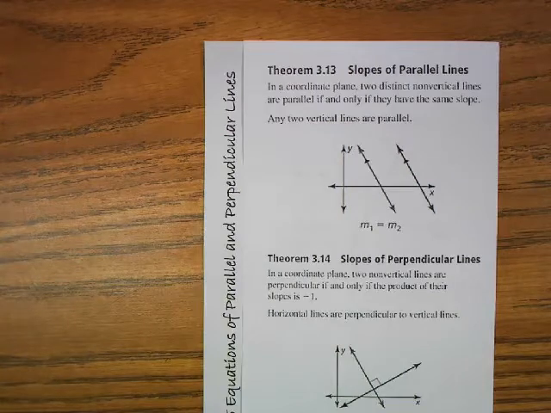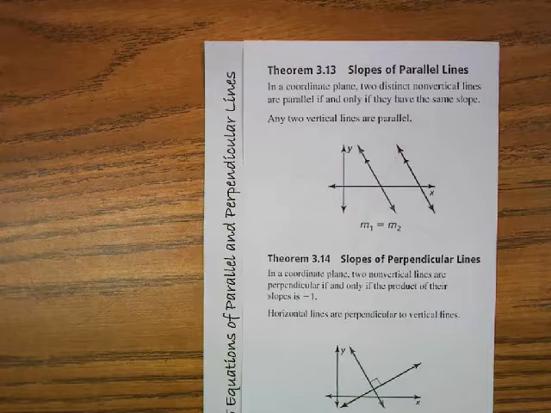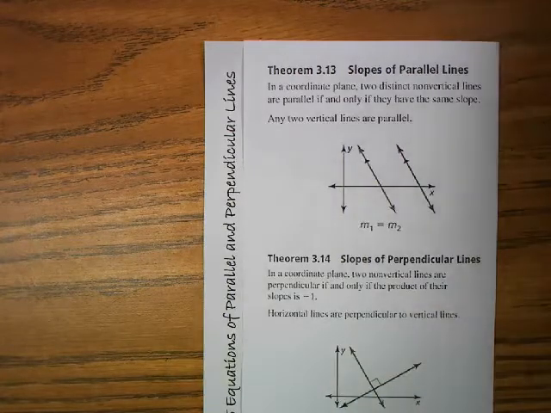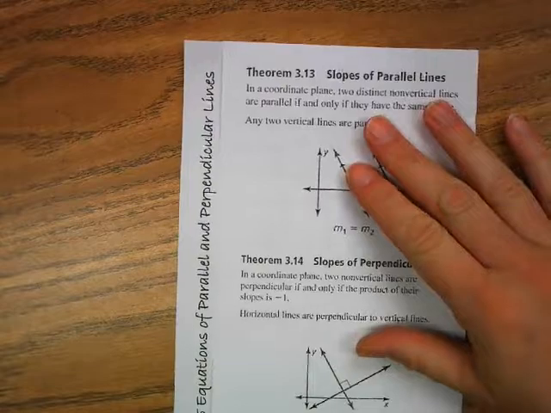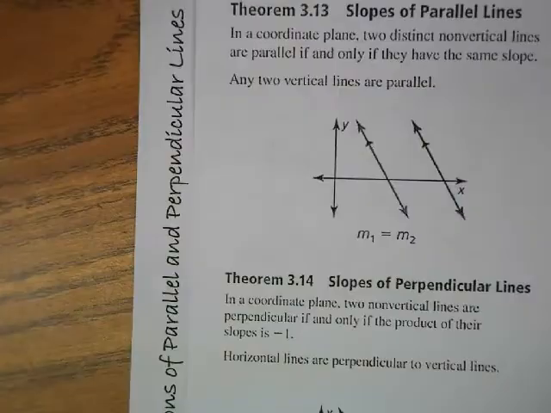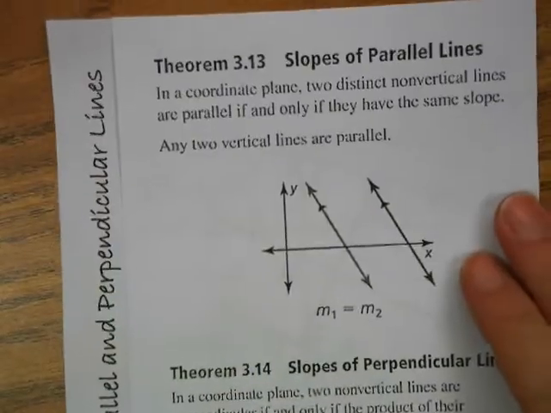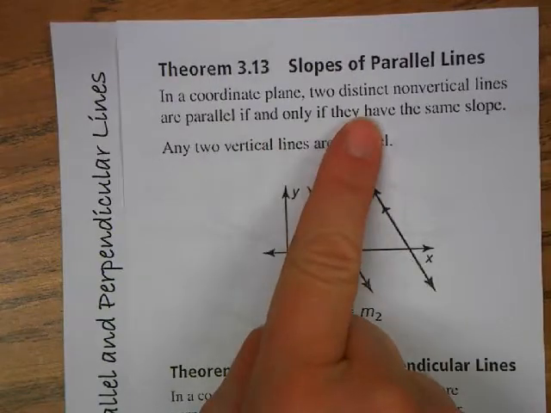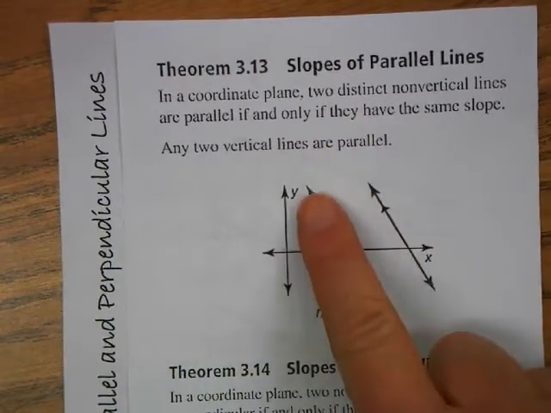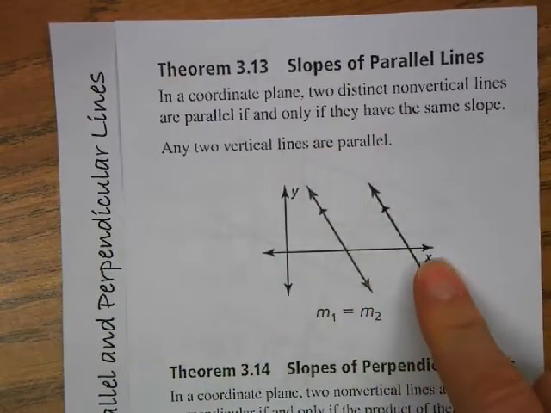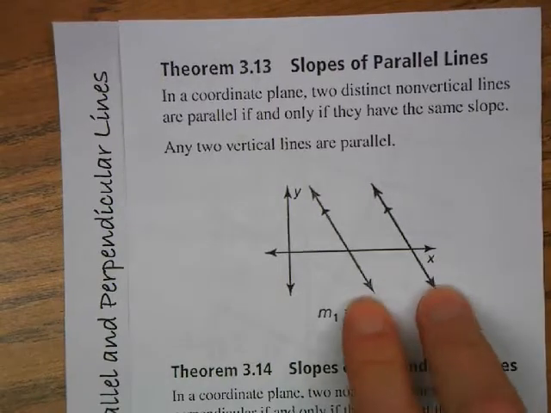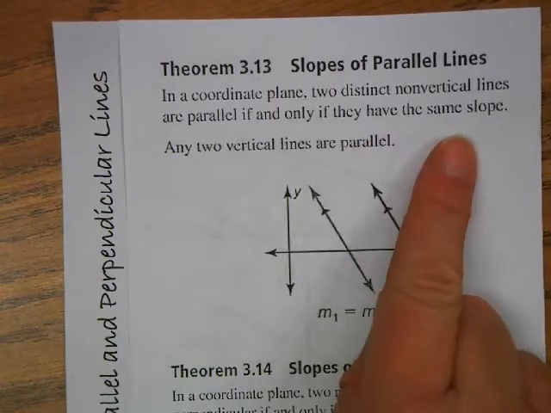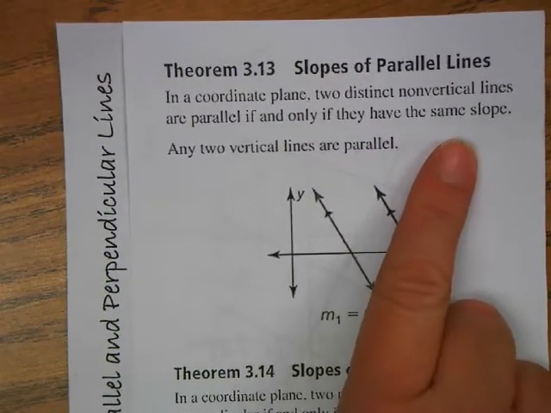Okay, so this section should be very familiar because you talked about slopes of parallel lines and slopes of perpendicular lines in algebra last year. Taking a look at the two theorems, if you have two non-vertical lines, they are parallel if and only if they have the same slope.